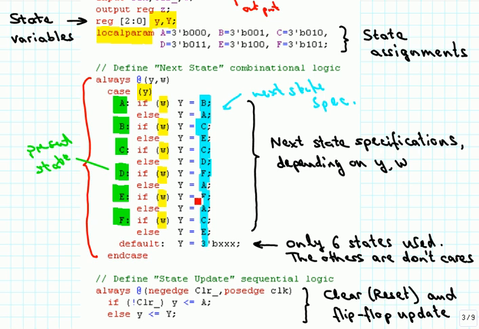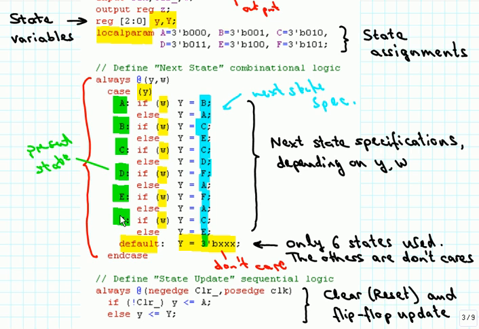One thing that we should point out here is this last line here. The default of the case statement is set to 3'bxxx. That means that it's a don't care. And the reason why we need to do this is because with 3 bits we can define 8 states altogether, but we have only been using 6 states. And so there are 2 states beside those 6 that we are using that are also being part of what the Verilog compiler is looking at.